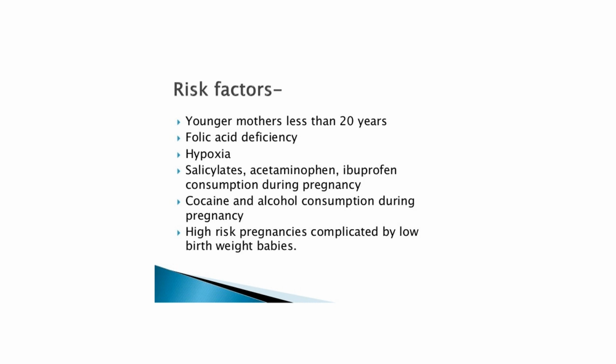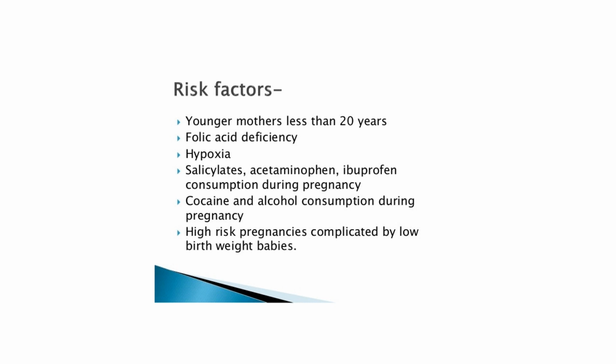Next, what are the risk factors of omphalocele? If the mother is pregnant at less than 20 years of age, mostly the younger mothers, they are more prone to develop omphalocele and gastroschisis.